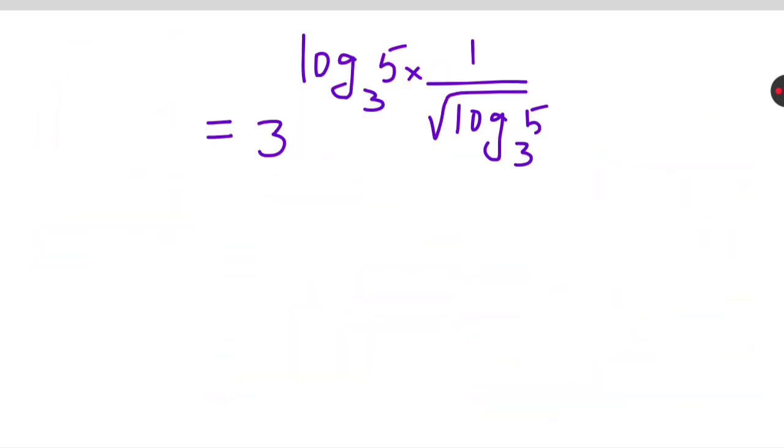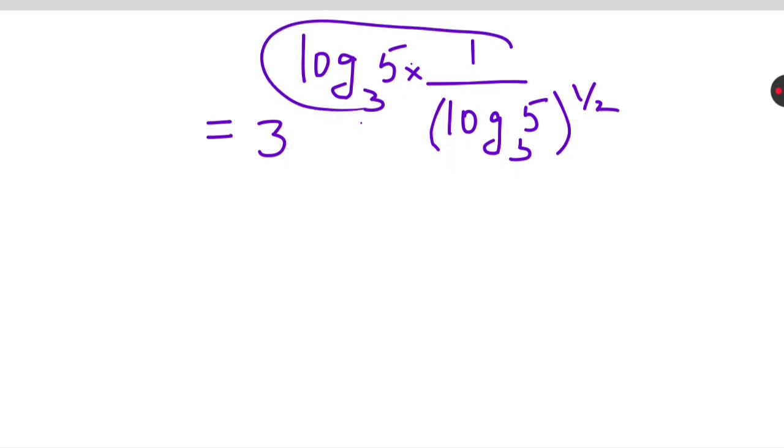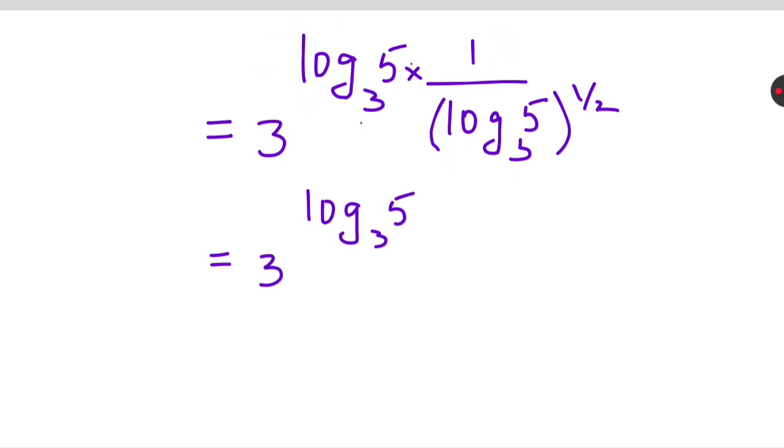This square root of log 5 with base 3 we can write as log 5 with base 3 whole raised to the power of 1 over 2, isn't it? So now log 5 with base 3 times 1 gives log 5 with base 3, over log 5 with base 3 whole raised to the power of 1 over 2.